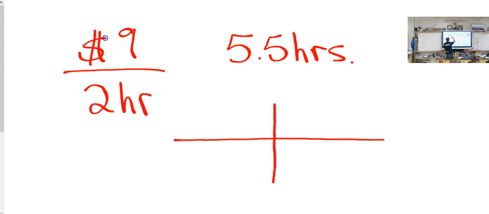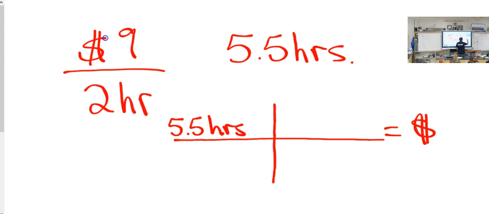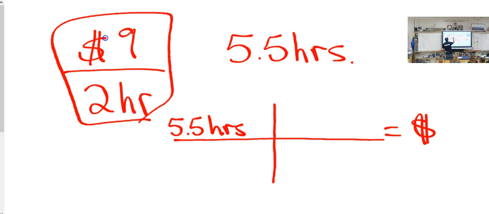It's the one that doesn't have a slash, so 5.5 hours. And she's going to earn money again, so that's the US dollar sign. So what unit do I need to get rid of? Hours. So I take this proportion, and it's already in the right orientation, up and down.